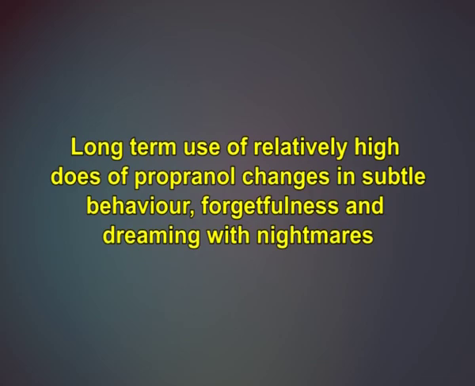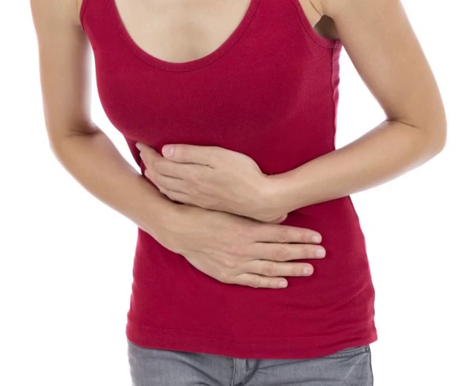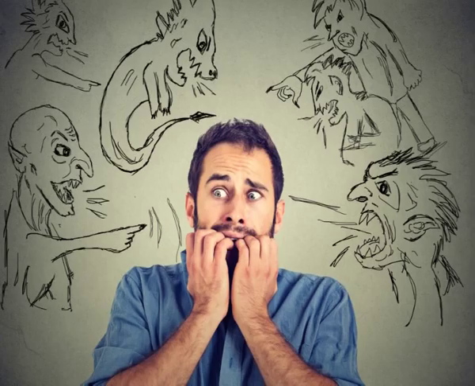Long-term use of relatively high dose of propranolol causes changes in subtle behavior, forgetfulness, and dreaming with nightmares. Gastrointestinal upset, lack of drive, and hallucination are common side effects of propranolol. It is well absorbed after oral administration. It is quite soluble in lipids and can easily penetrate the brain.